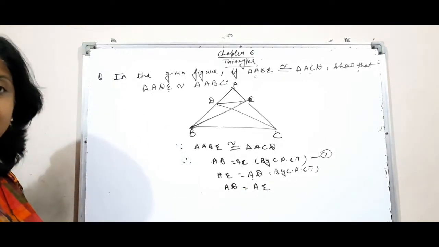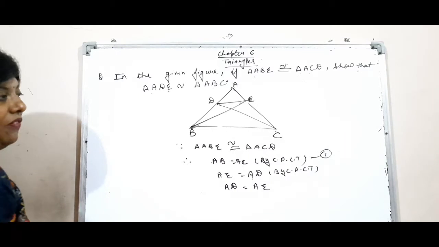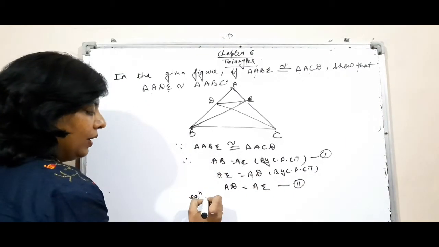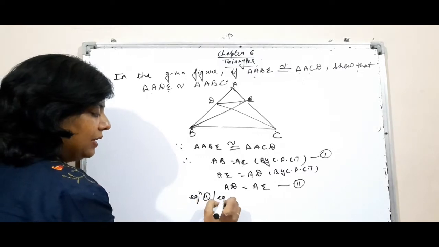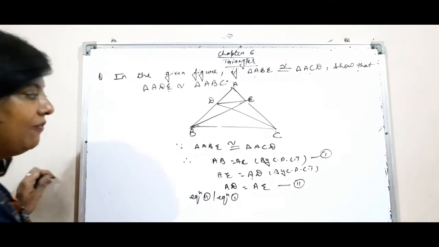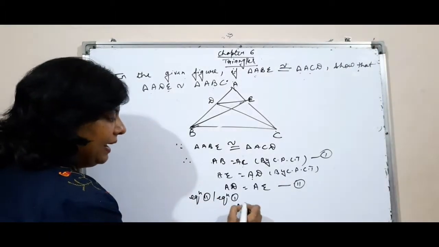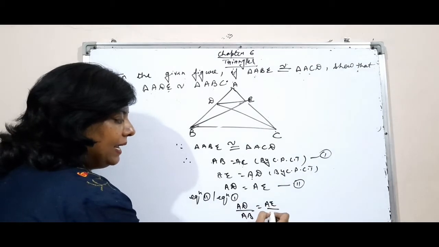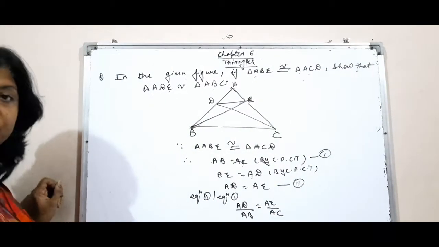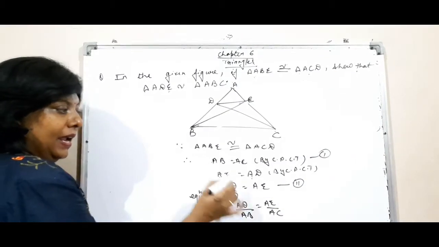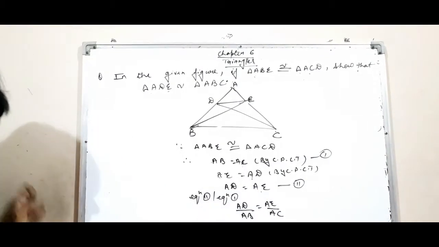Can we write it like this? Yes, we can write it like this. Equation 2 divided by equation 1. Equation 2 को divide करो equation 1 से. It will be AD upon AB equals to AE upon AC. Got it? AD upon AB equals to AE upon AC.